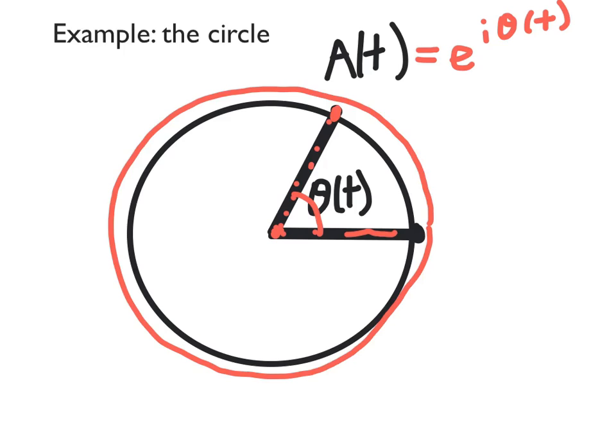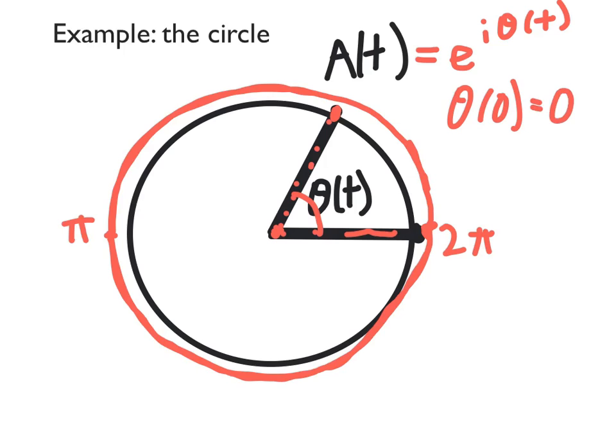And as t goes from 0 to 1, we can see theta of t is going to go from 0, it's going to increase. By the time you get halfway around, it's at pi if we're working in radians. We keep going, and over here it's 2 pi radians, 360 degrees. So now theta of 0 is 0, but theta of 1, instead of being 0, is 2 pi.